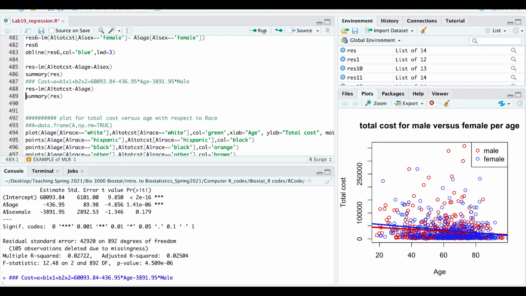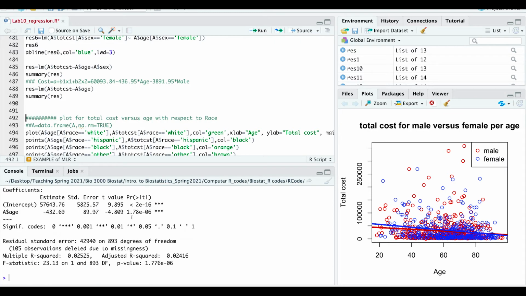If I do that, what do you get? You get that this is significant again, with every 1 year increase in age, the total cost of the hospital stay going down by $432.69. But again, the R square value or R value is very, very small, so the fit is not very good.